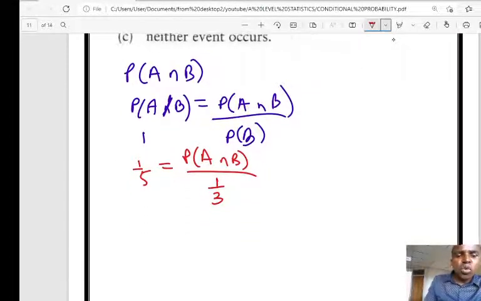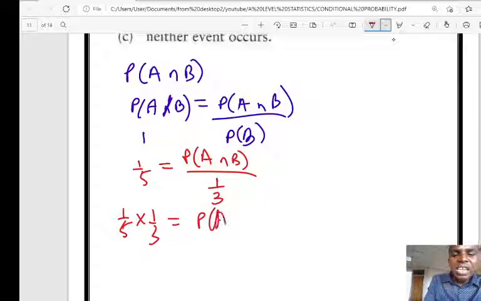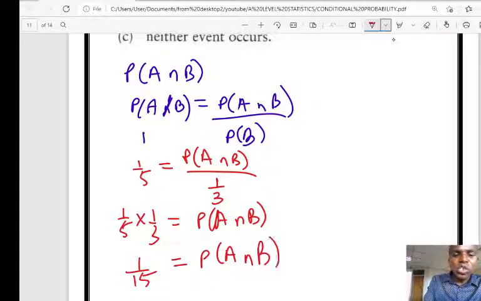Then you can do cross multiplication. It will be 1 over 5 times 1 over 3 is equal to probability of A intersection B. Then it will be 1 over 15, so probability of A intersection B is 1 over 15.